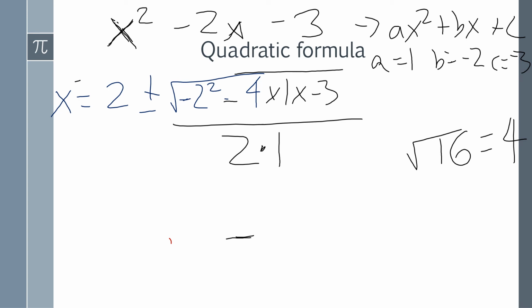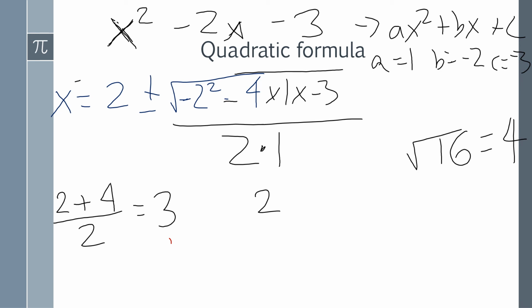So let's put this together. So 2 plus 4 over 2. That's 3. And remember, there's always two versions of this because since we had a positive 16 in the square root, that means you have more than one solution.